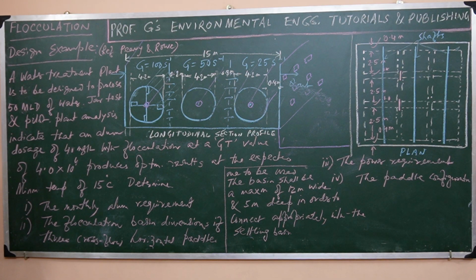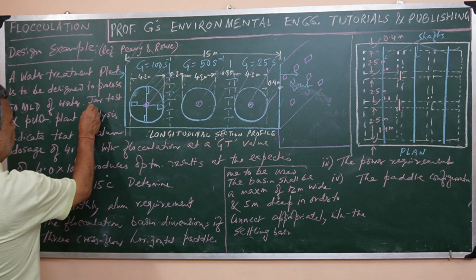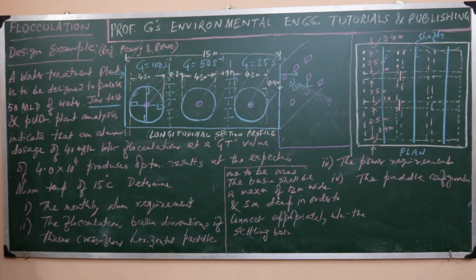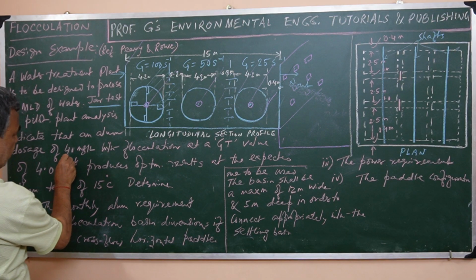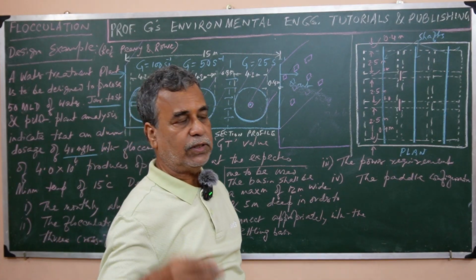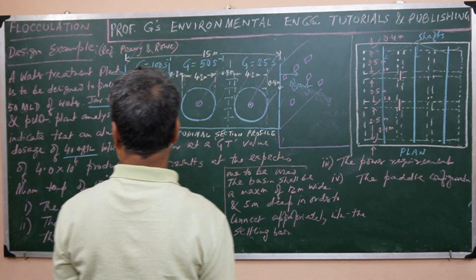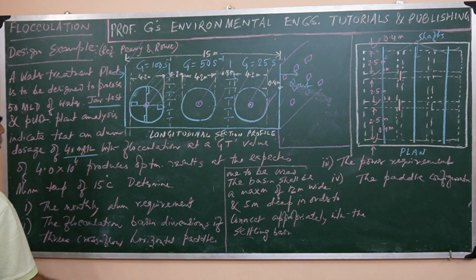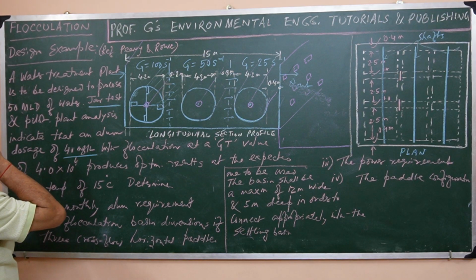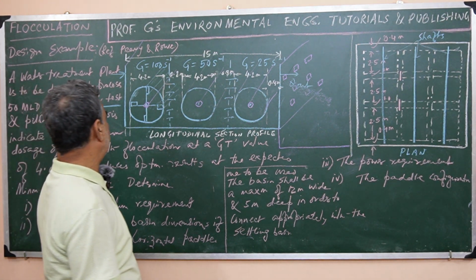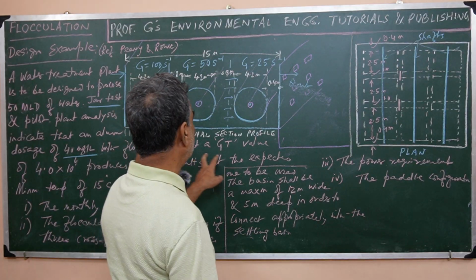Jar test and pilot plant analysis, jar test we already have discussed in my earlier lecture session, indicate that an alum dosage of 40 milligram per liter is the optimum dosage of alum, and with flocculation at a GT value.